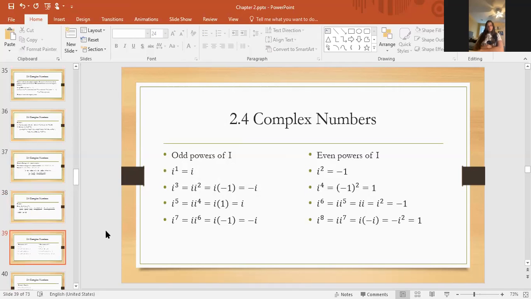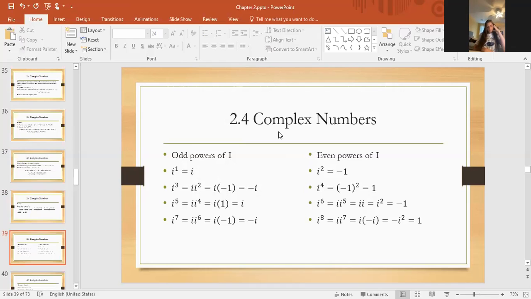An interesting type of work with complex values is the powers of i. i raised to power 1 is i, and i raised to power 2 is i squared, which equals minus 1, that we know already. And from there, I put it in 2 separate columns so that you can see how the odd values are playing.